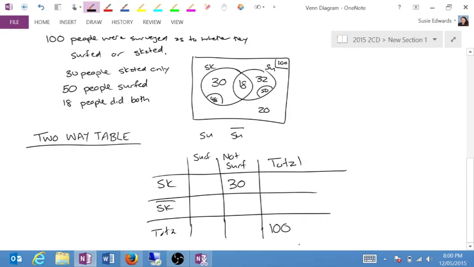So we don't know if they skated or not. So that goes in here as 50. 18 people did both goes in the surf column and the skate row. So we end up with that.